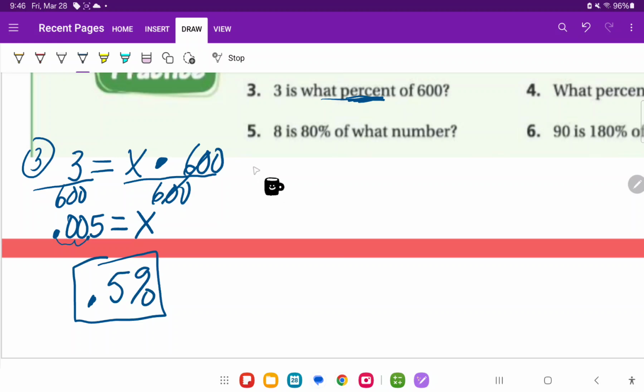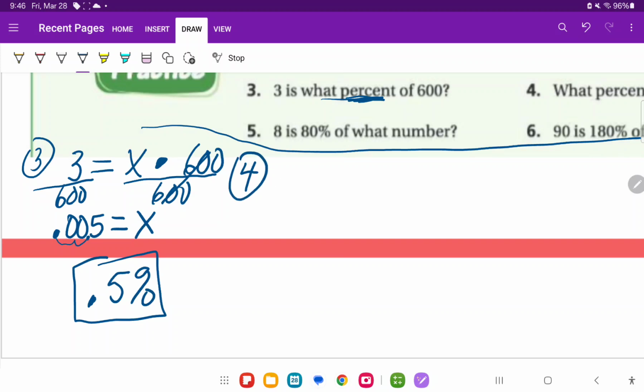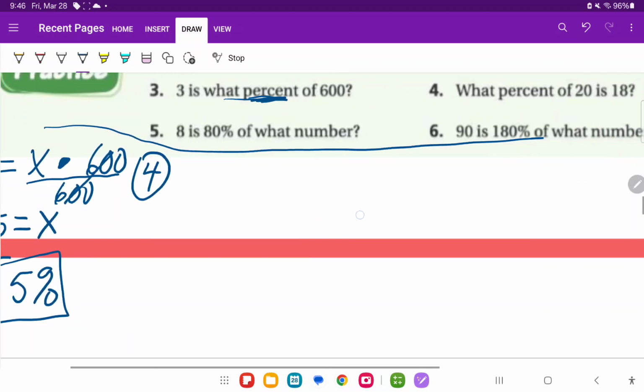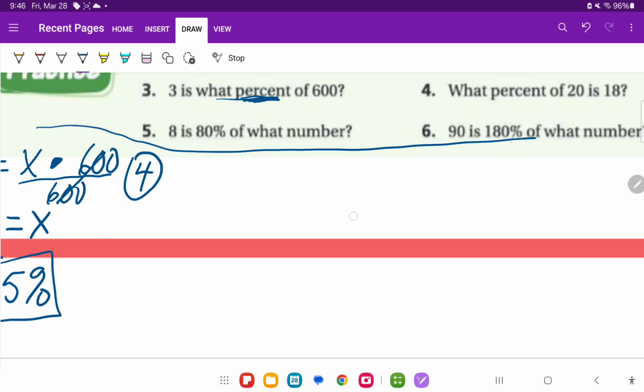All right, so let's look at number 4. All right, so we need to change that to a math sentence. So here we have what percent, so there's the what, so that's our x, of 20, so "of" is multiply, 20 is 18, is equal to 18.